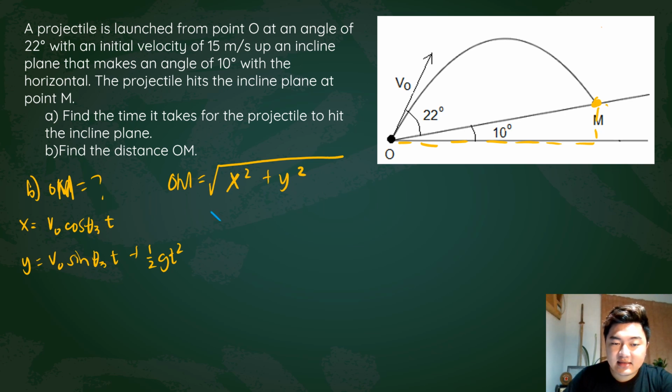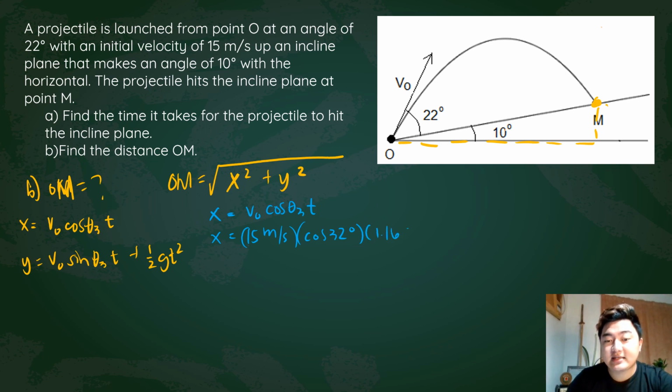So for us not to be burdened by so many expressions here, we can actually solve for x and y at this point. So for x, let's have x is equal to v0 cosine angle times time. So substituting your values, initial velocity is 15 meters per second times cosine 32 degrees times time, which is 1.16 seconds. We already solved for the time in A. So x is 15 times cosine 32 times 1.16.